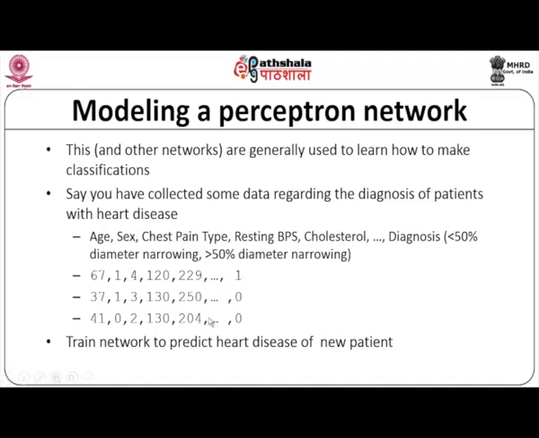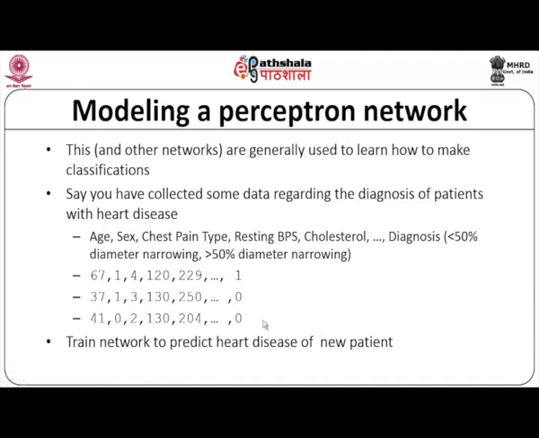In the other record you find another patient's data, and the patient does not have a heart disease. Suppose you develop a model for diagnosing any new patient who comes to your hospital with respect to this disease. Then you can develop a neural network model, train the model with existing records, and when a new patient comes to your hospital, based on the model you can decide whether the new patient has the same heart disease or not.